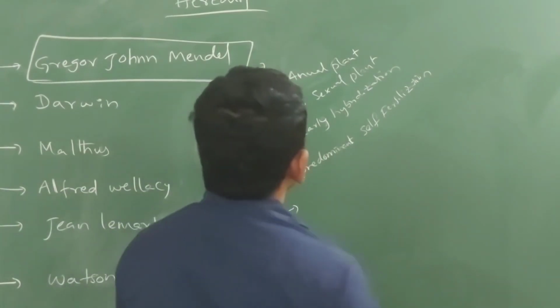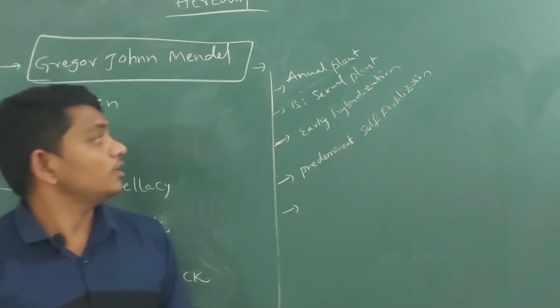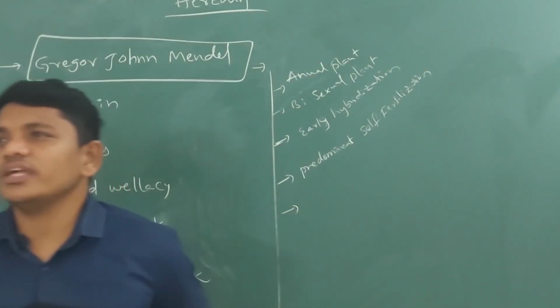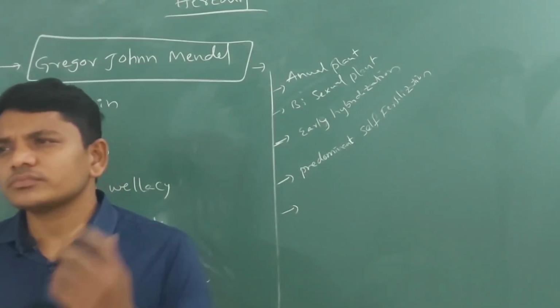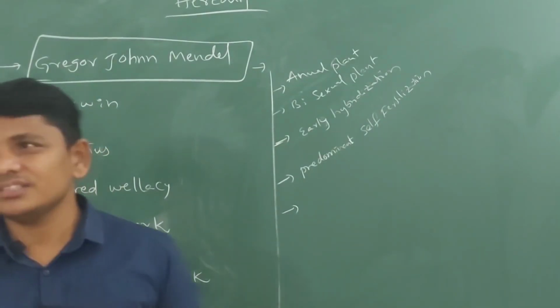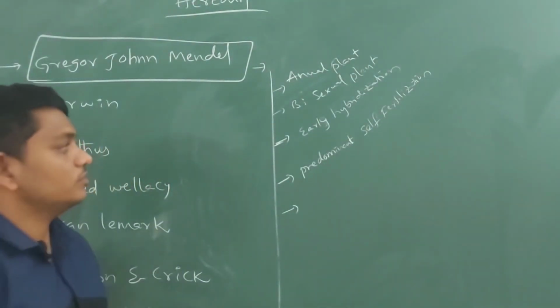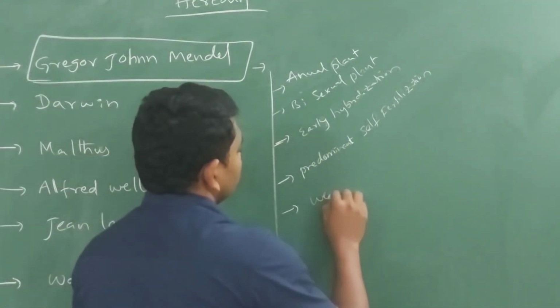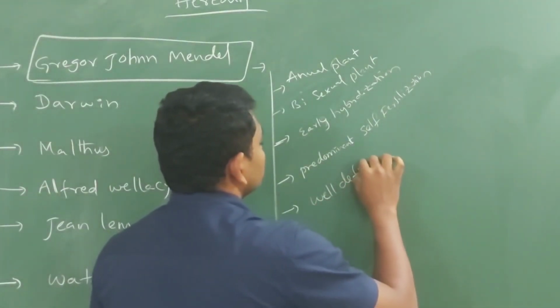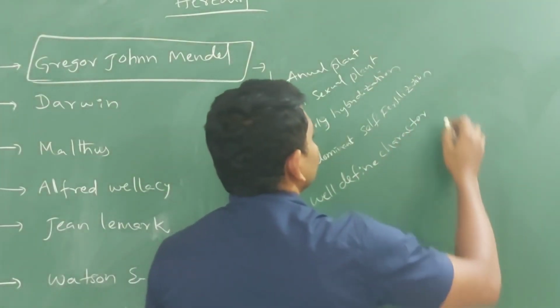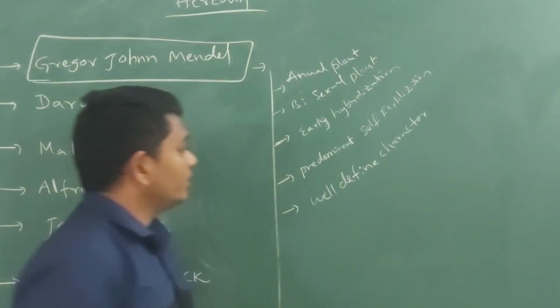So this is a bisexual plant, an annual plant, with early hybridization and predominant self-fertilization, and the fifth one is that it has well defined characters.